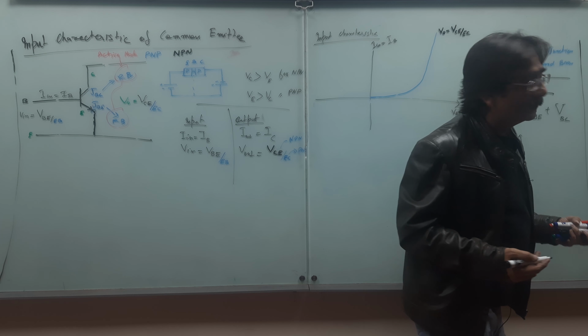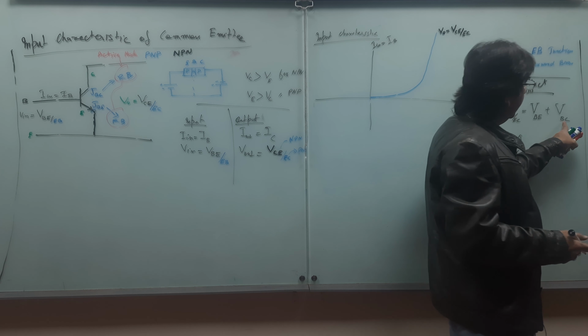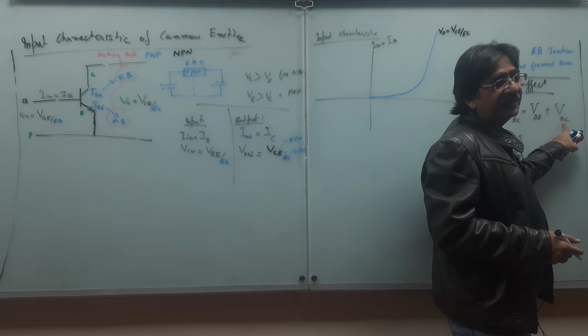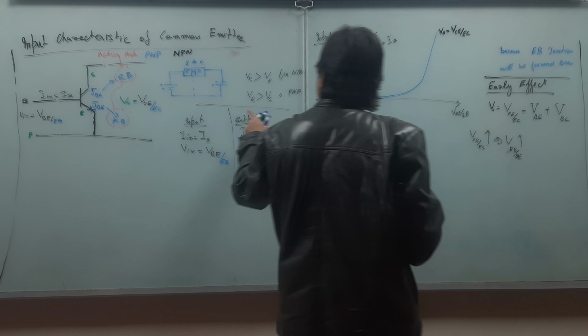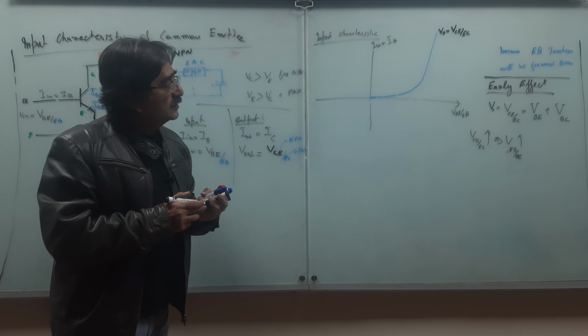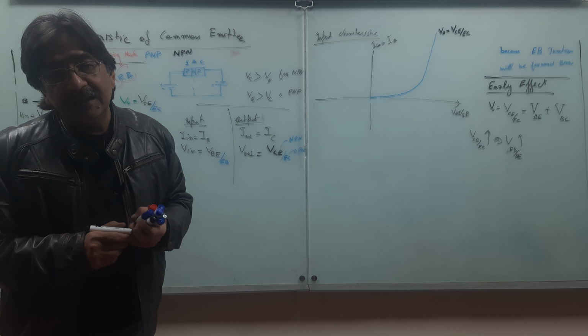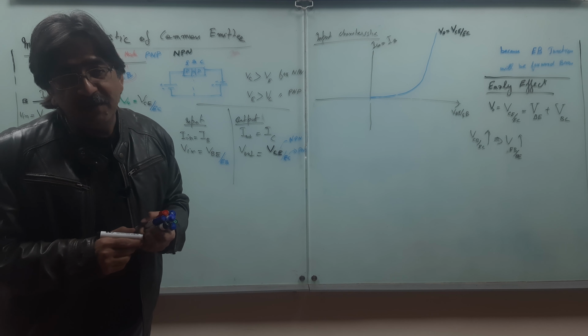Definitely, that will be directly proportional. Because if I keep this constant, BC is constant. If I increase the CB, then EB will be increased.